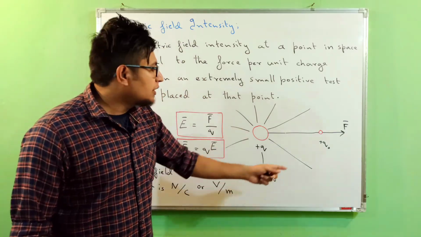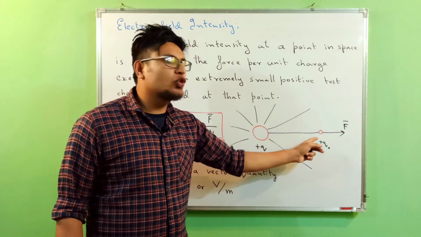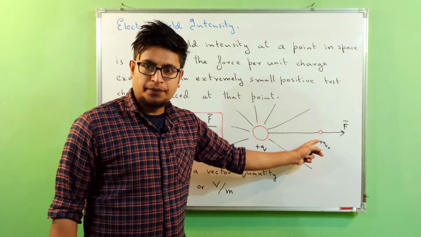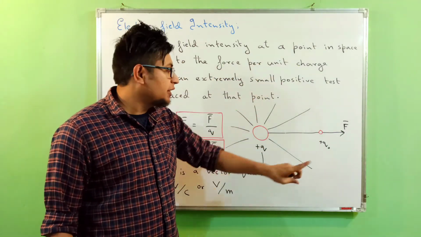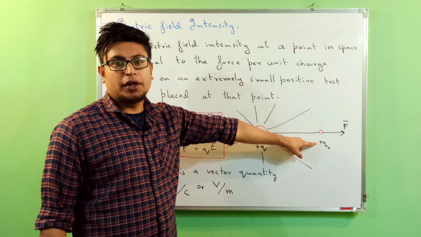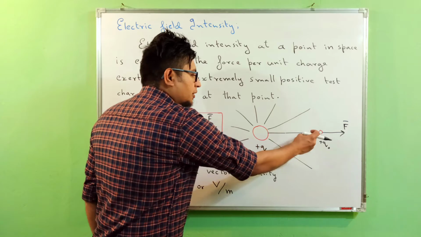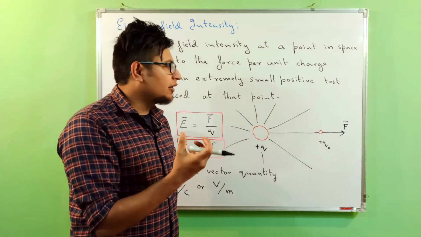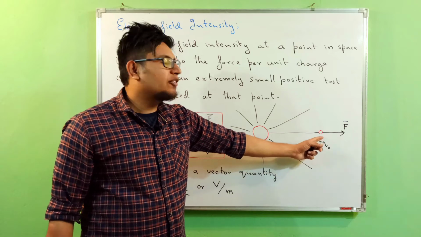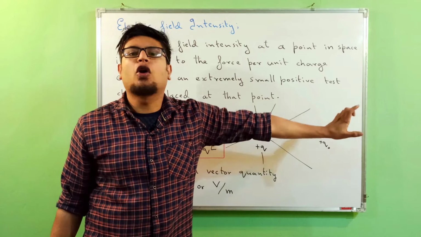Now when you bring a test charge at a close proximity of this electric field, it is going to experience a force. Force per unit charge is going to be experienced by this test charge. So this region out here, when you bring it closer, it's like how much of the electric field is affecting this test charge, such that this test charge is getting pushed away.